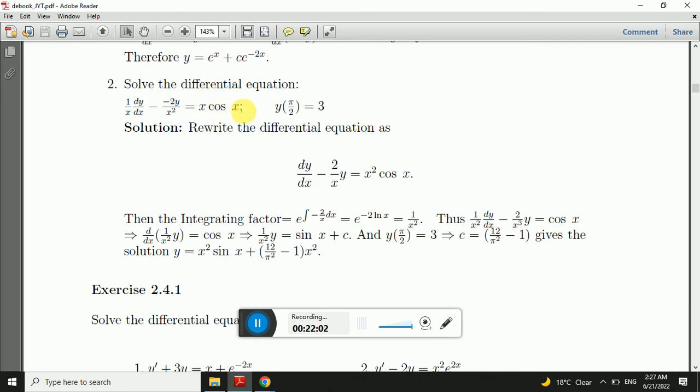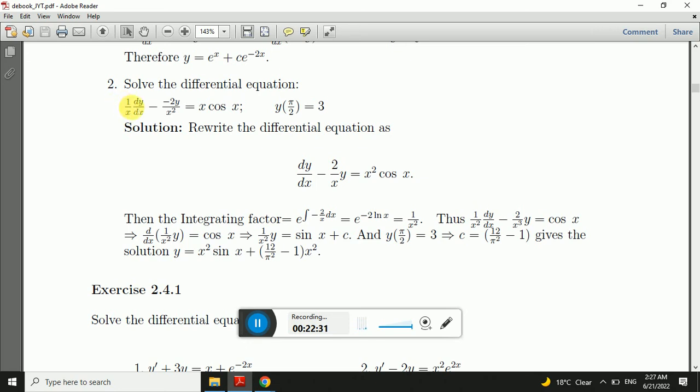Realize that this is a function of x, negative 2 over x squared is a function of x, 1 over x is also a function of x. But remember, we divided through by a1 of x. So that means we need to make sure that this item here, 1 over x, disappears. And we can only do that by multiplying throughout by x.